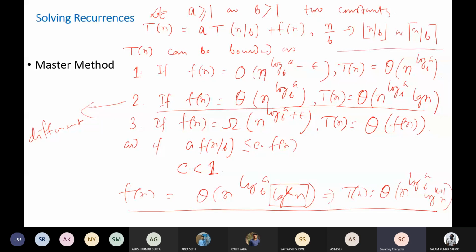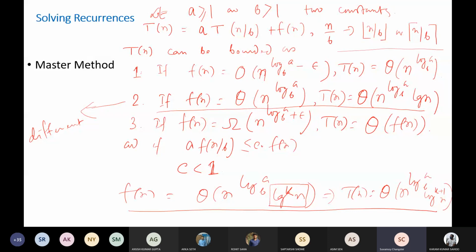Later, after so many researches, you may get a modified version of the master method. But if we talk about the master method, this is the original form. Later some modifications are there, but please don't get confused with that. Don't go searching for the master method on the net.